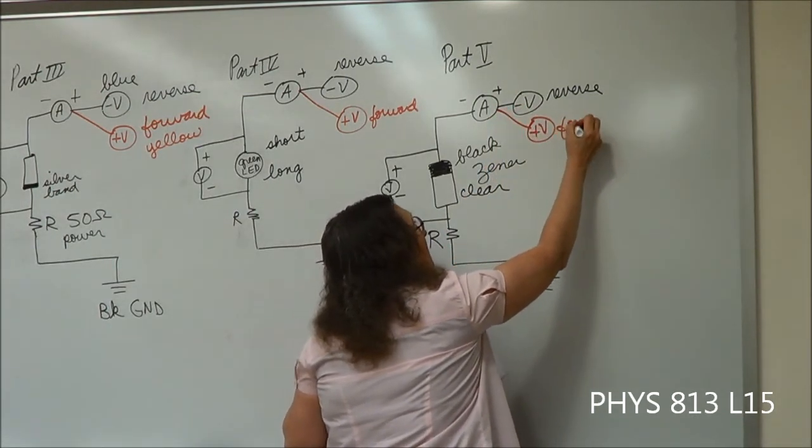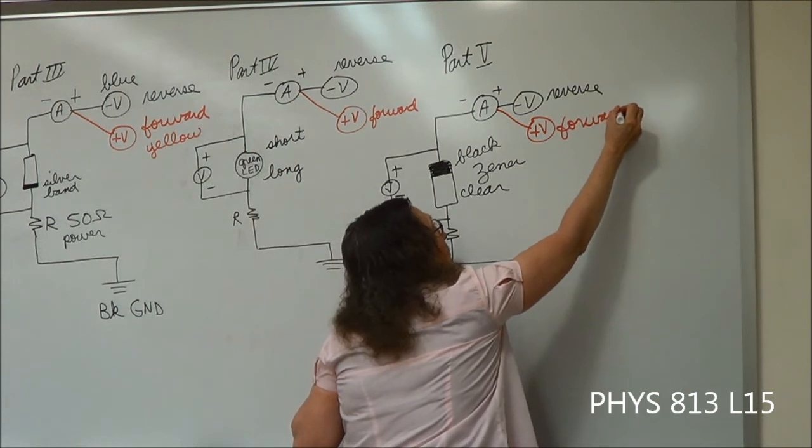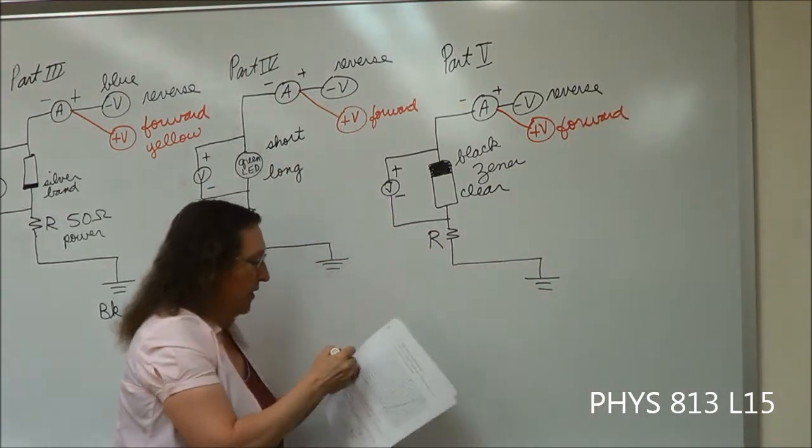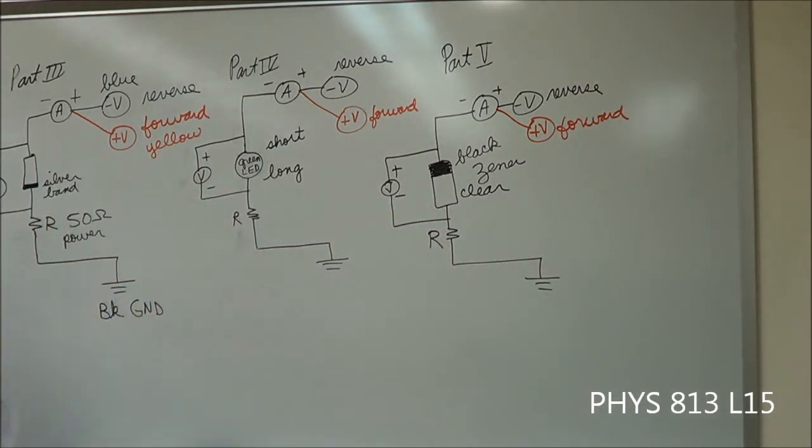Positive, this is forward. Okay, and there are places for you to draw the circuits, and I suppose you could just draw one circuit, but it would actually be better because I have a region there for you to draw the reverse and then the forward bias. Okay, so those are the circuits.